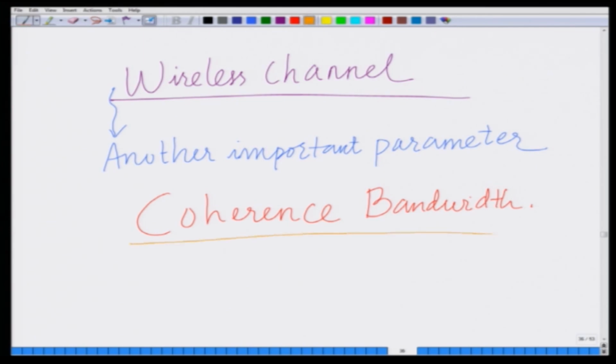Now naturally we are saying bandwidth, and bandwidth relates to frequency. Therefore we have to look at this wireless channel in the frequency domain, right.